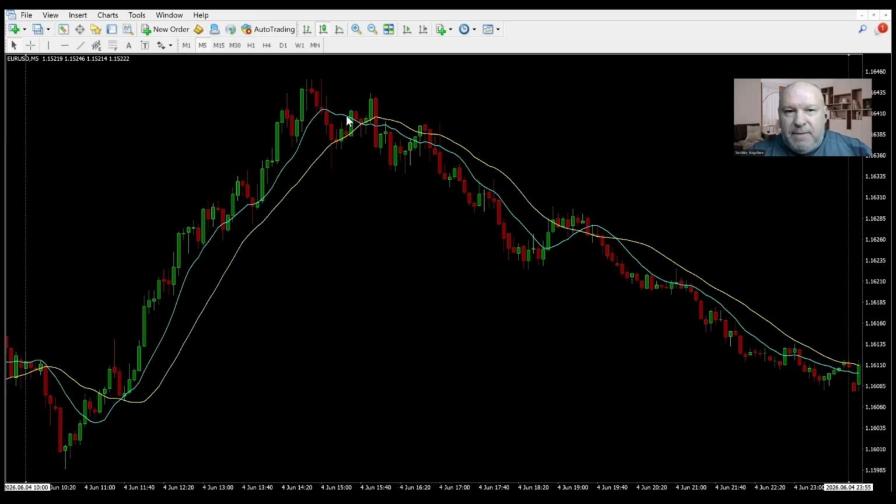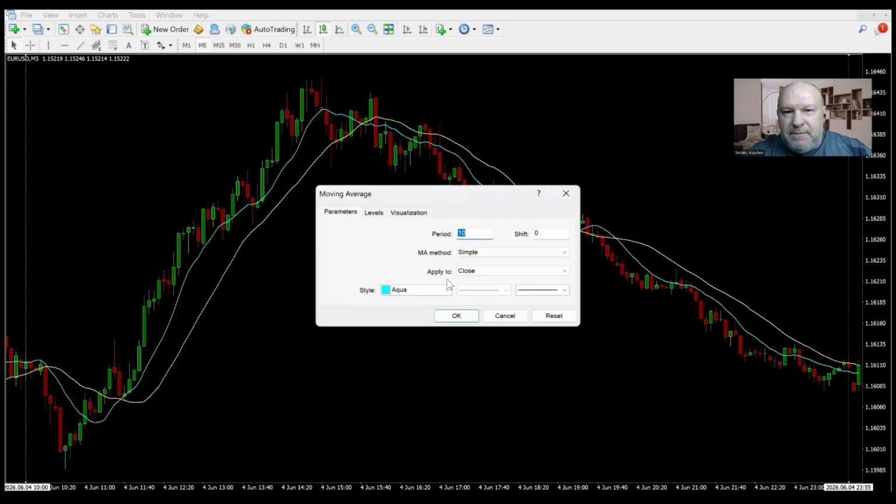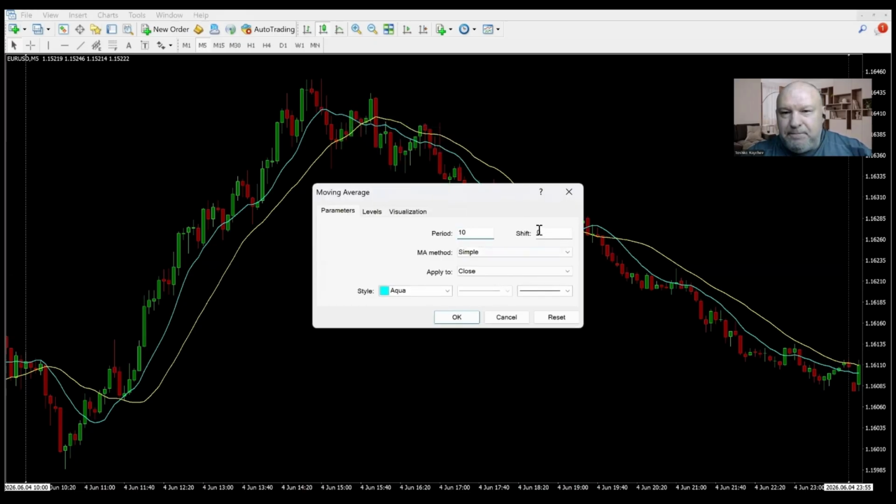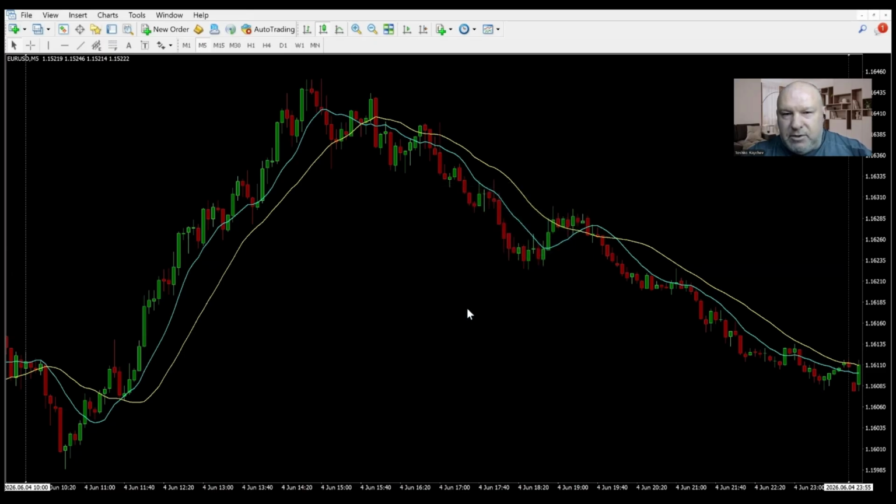The next one is the 10 period, without shift, zero, simple moving average, applied to close price. That's important, the settings, nothing else. As you can see, it will look something like this on my chart. This is a USD 5-minute time frame chart, by the way.